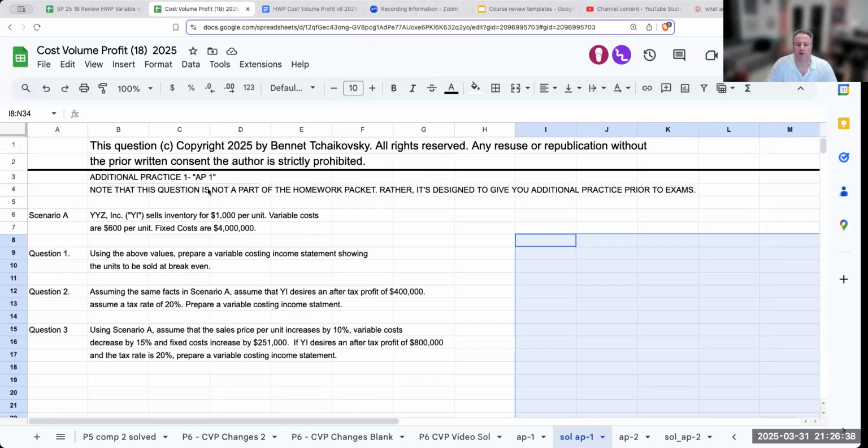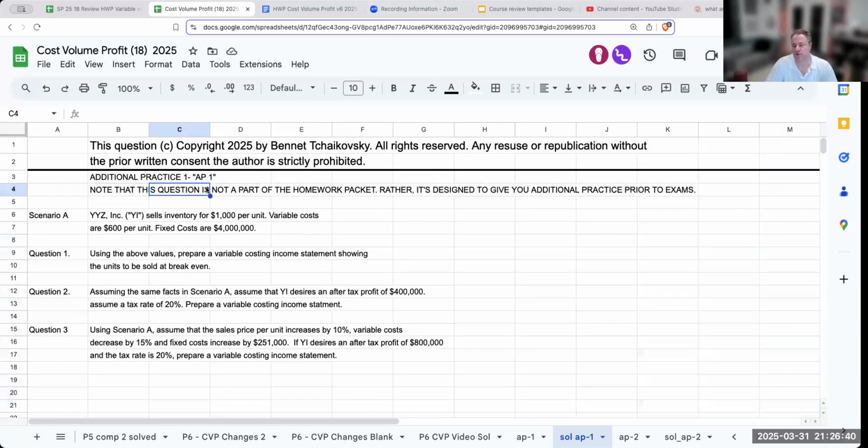These are additional practice questions relating to cost, volume, profit. When we're looking at cost, volume, profit, we're really trying to look at costs and come up with break even.